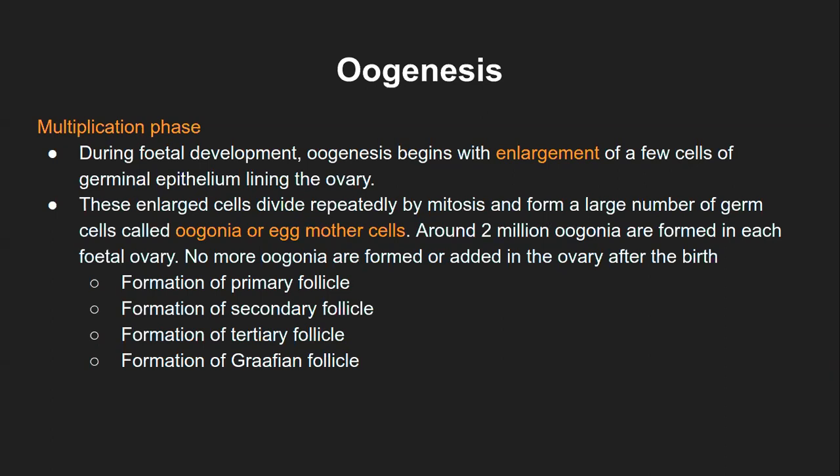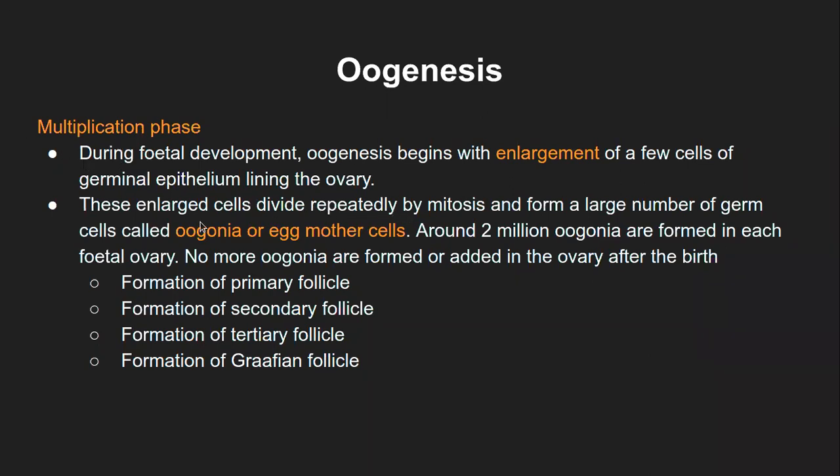So the ovary has this outermost lining, which is the germinal epithelium. Again, these are similar to the original germ cells, or they can also be called ovarian germ cells, because they are the epithelial lining. We call them germinal epithelium. These enlarged cells will divide repeatedly.